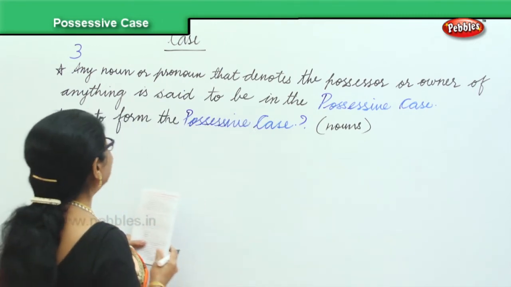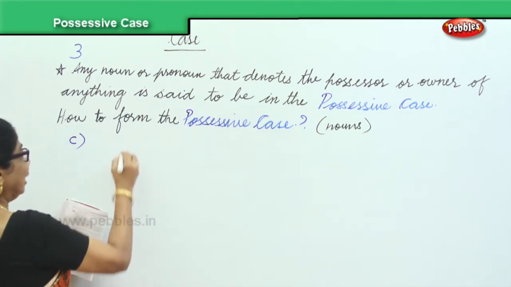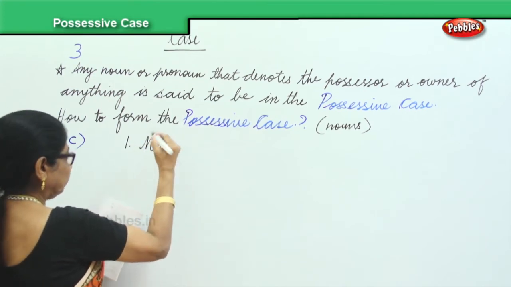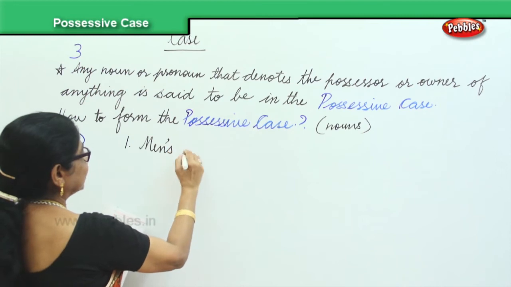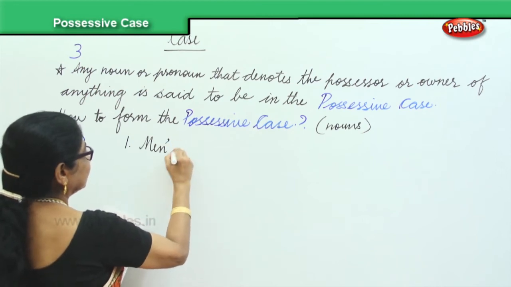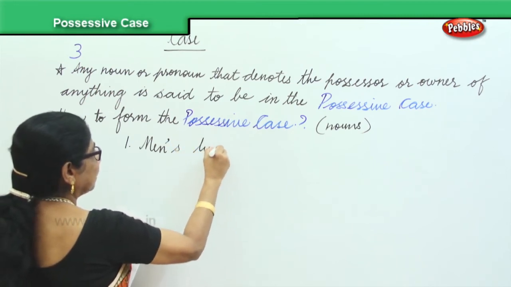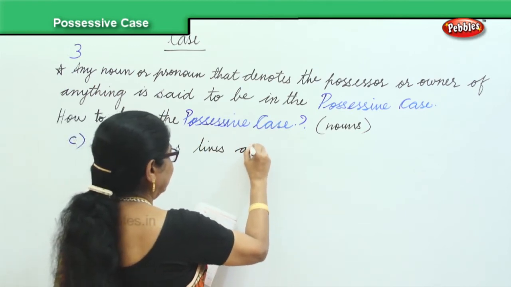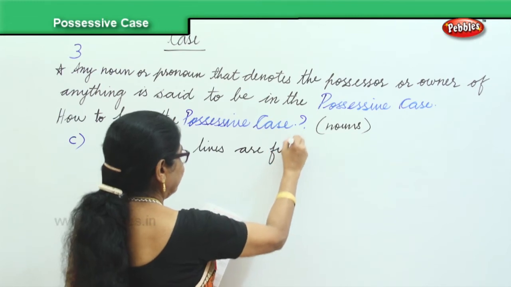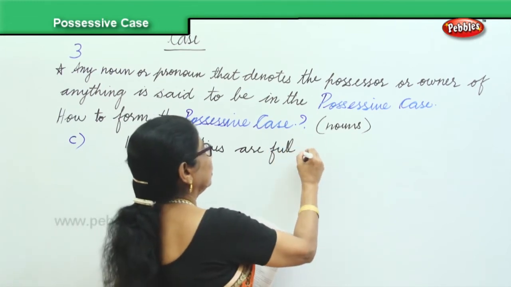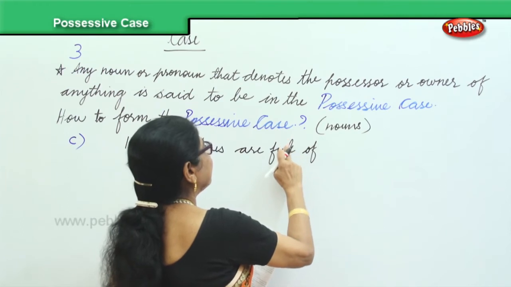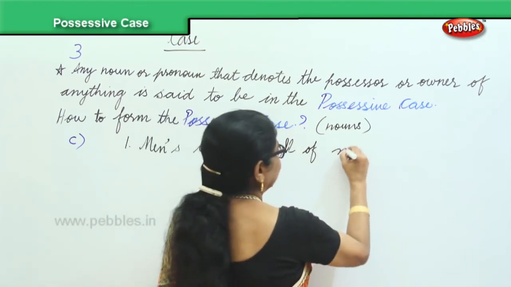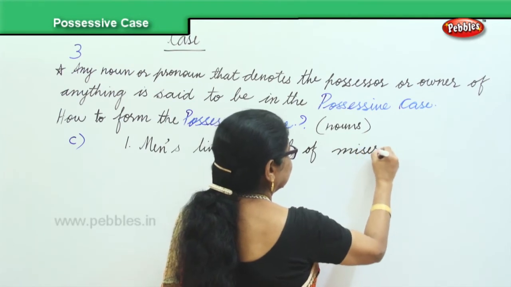First of all, let's look at the sentences I have for you. First one: men's lives are full of misery.